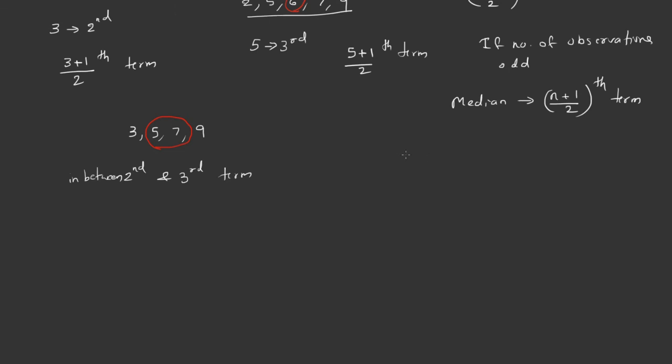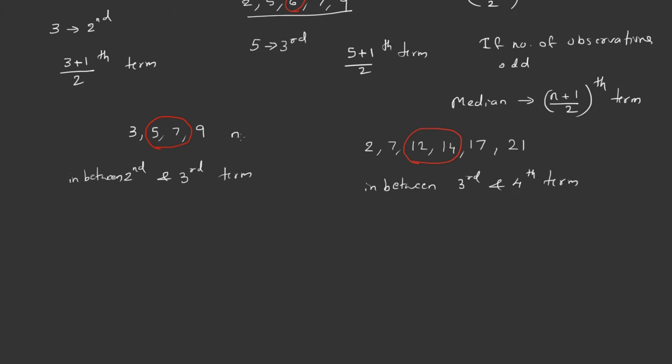Let's consider another example with 6 data like 2, 7, 12, 14, 17, 21. Which is the middle term? There is also no exact middle term. The middle term is in between 12 and 14, that is in between the third and fourth term.